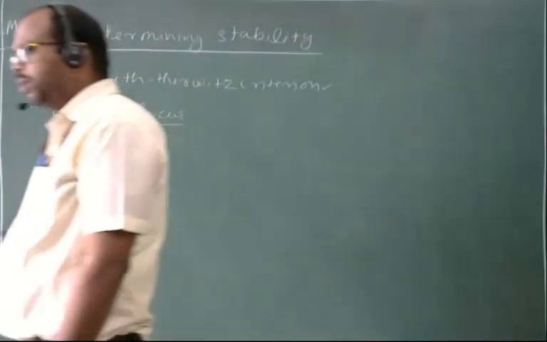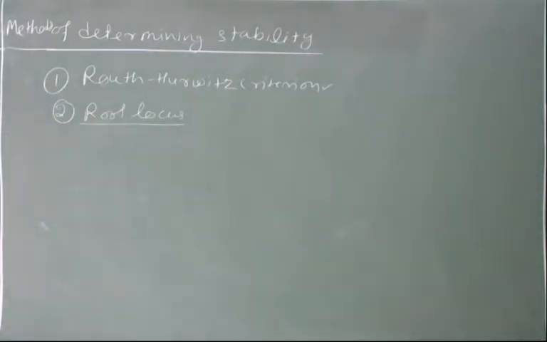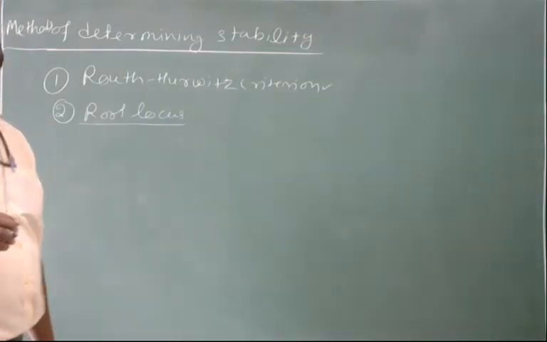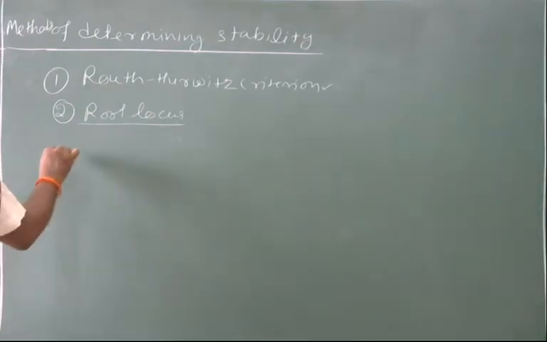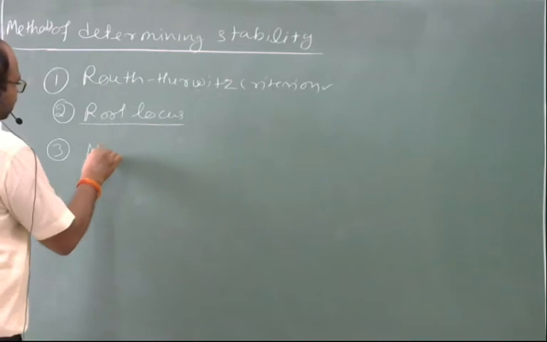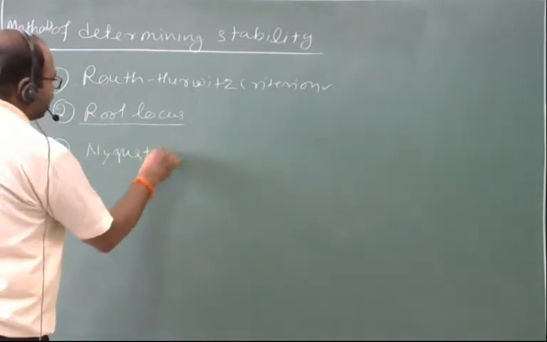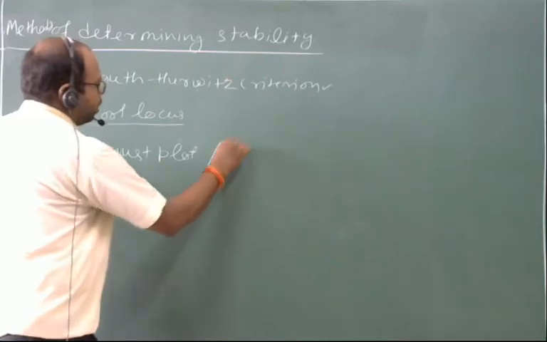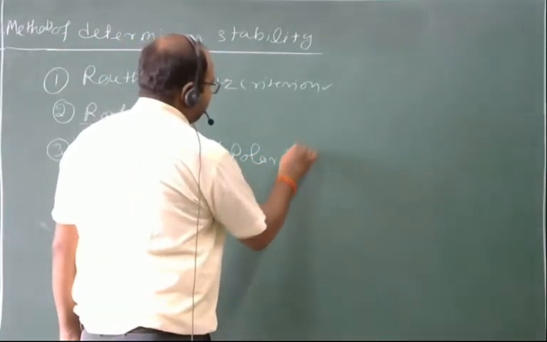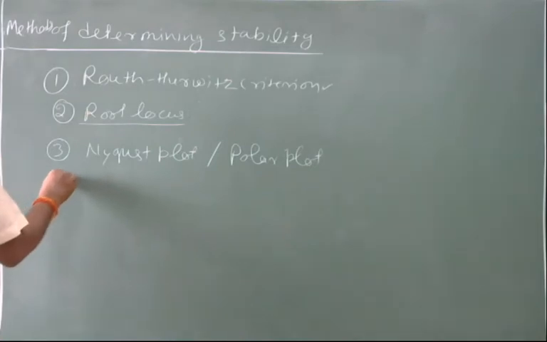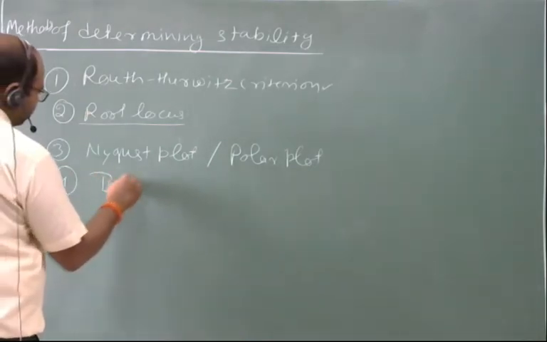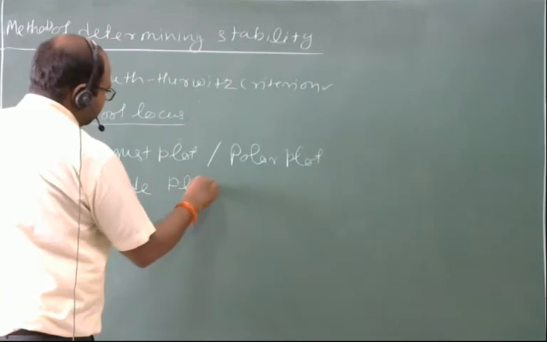So we will discuss here these two methods, Routh-Hurwitz criteria and root locus plot. And some more stability determining methods are Nyquist plot or polar plot, and Bode plot.